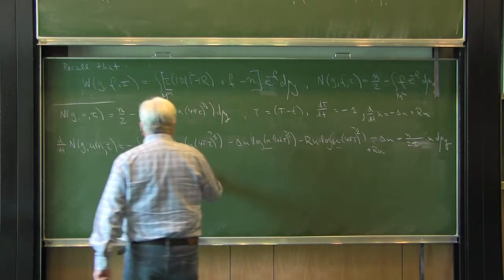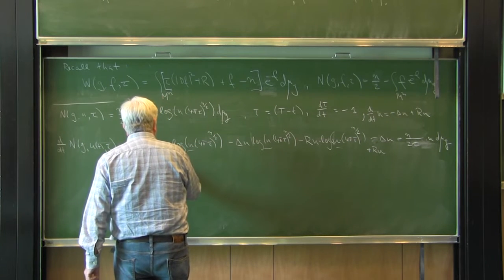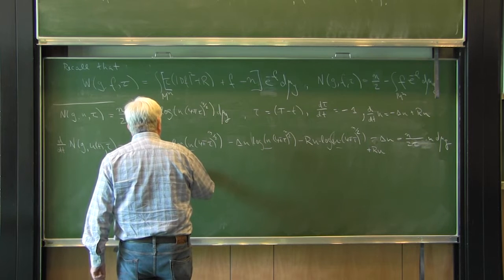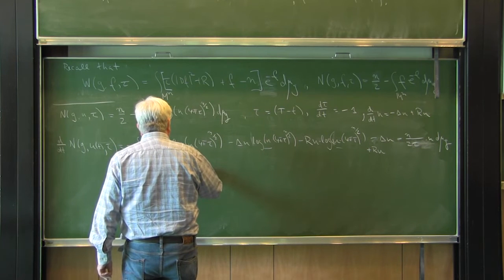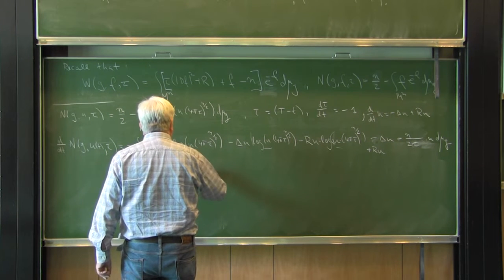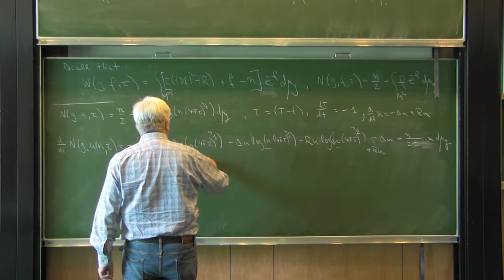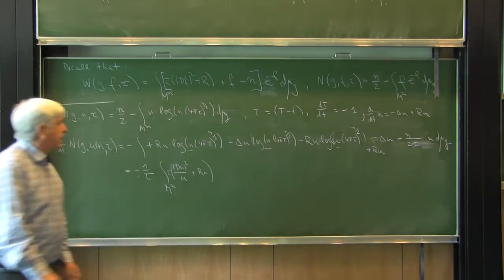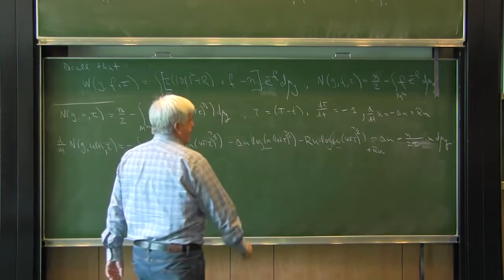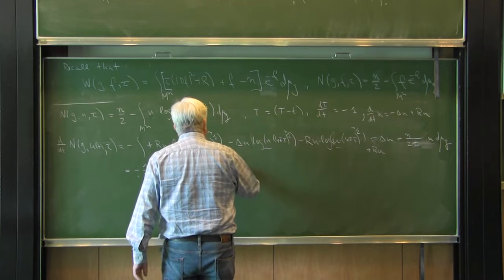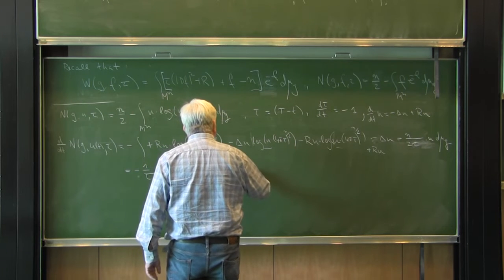So here I have a tau plus ru, an extra tau in here, minus n over 2 times u d mu g.